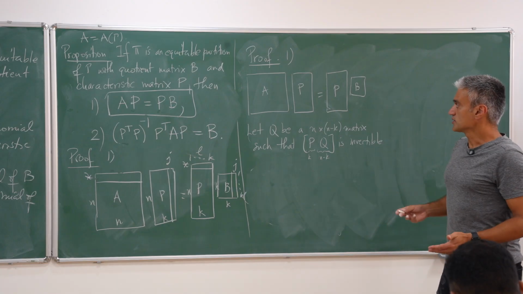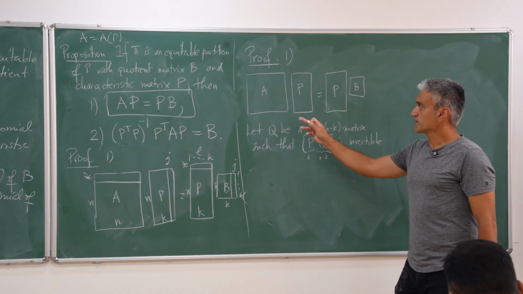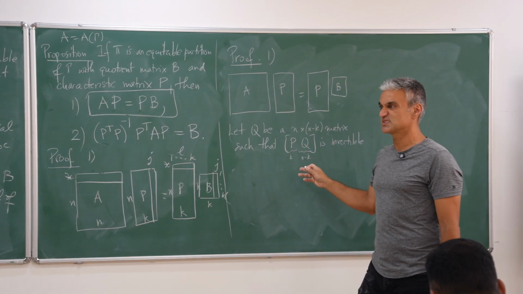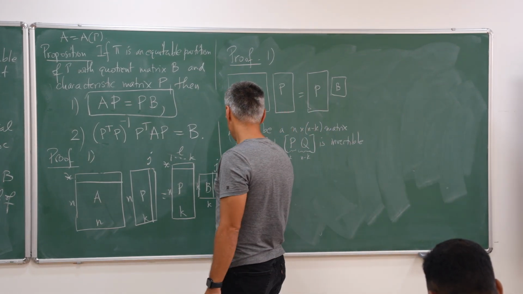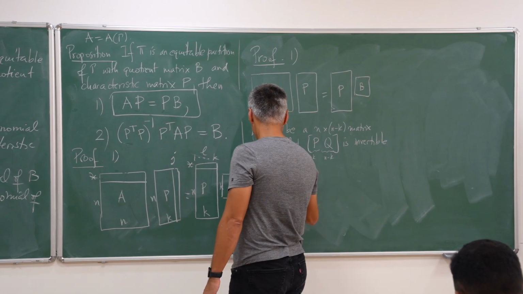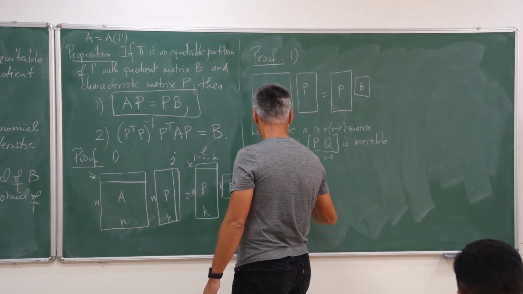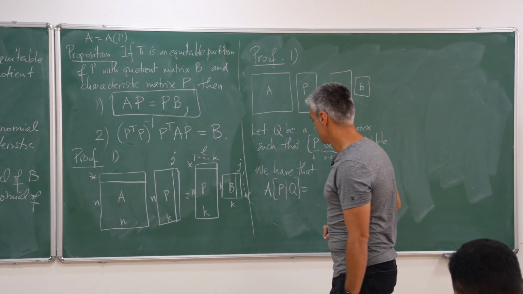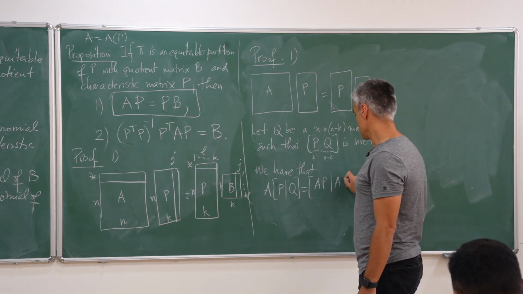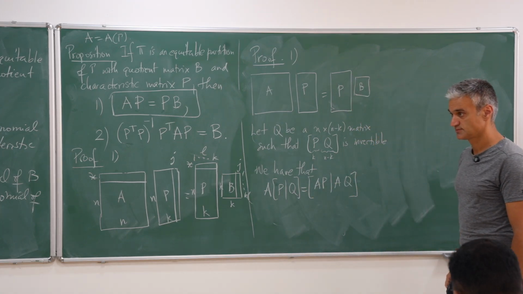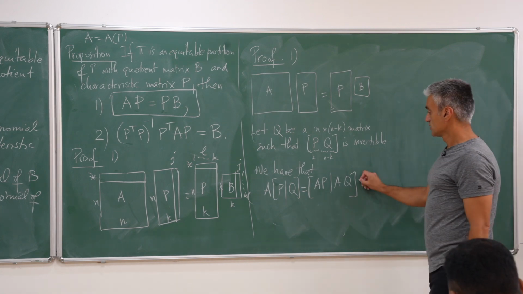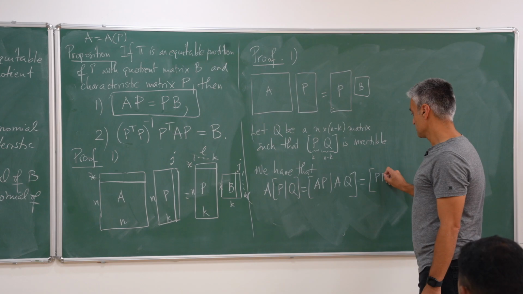So okay, what we want to know is, what happens? I know AP, I know what AP is. Let me see what happens if A meets this matrix PQ. So we have A times PQ equals AP times AQ. Now, AP is PB.